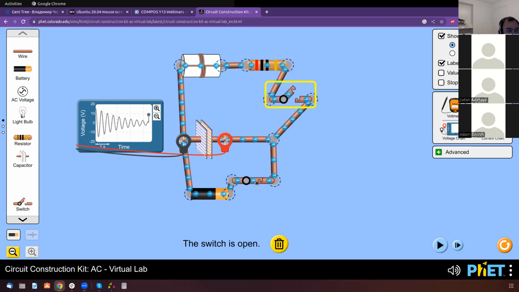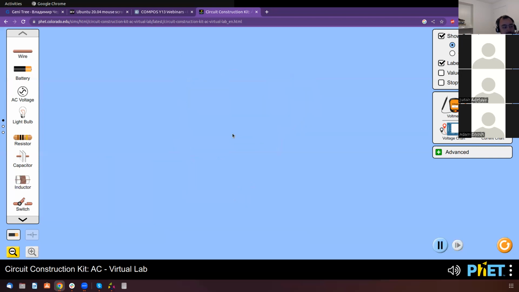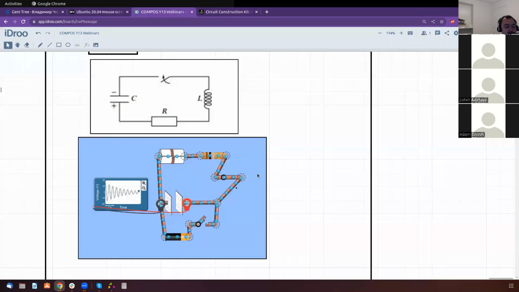Open this. Well, what I wanted to show is overdamped.